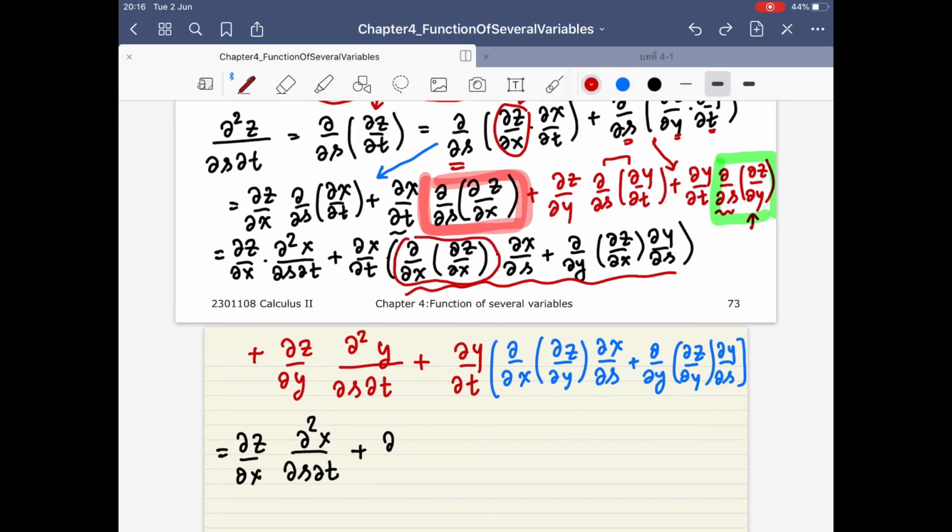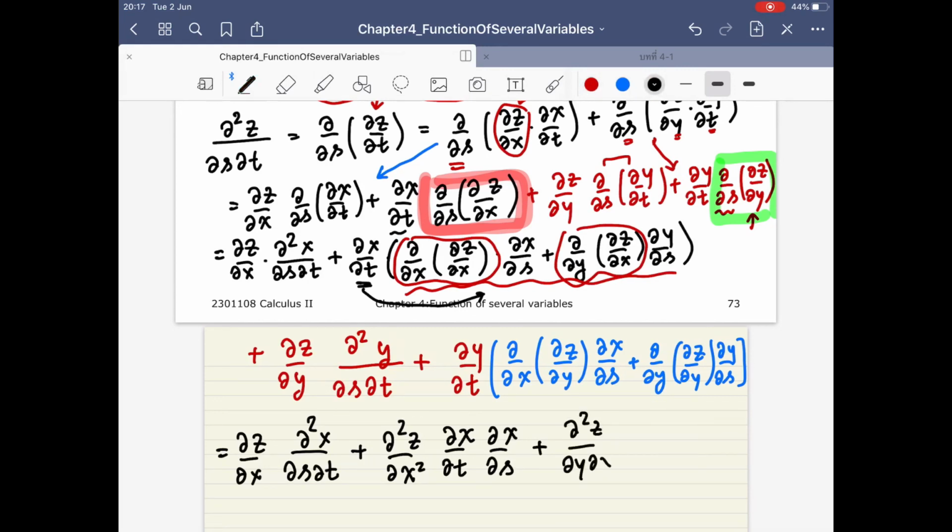Here is actually d2z by dx square. And then this one you can just distribute into each of them. So you got dx dt, dx ds, and then here this one is a d2z by dy dx, and this one can distribute into there, so you got dx dt, dy ds.